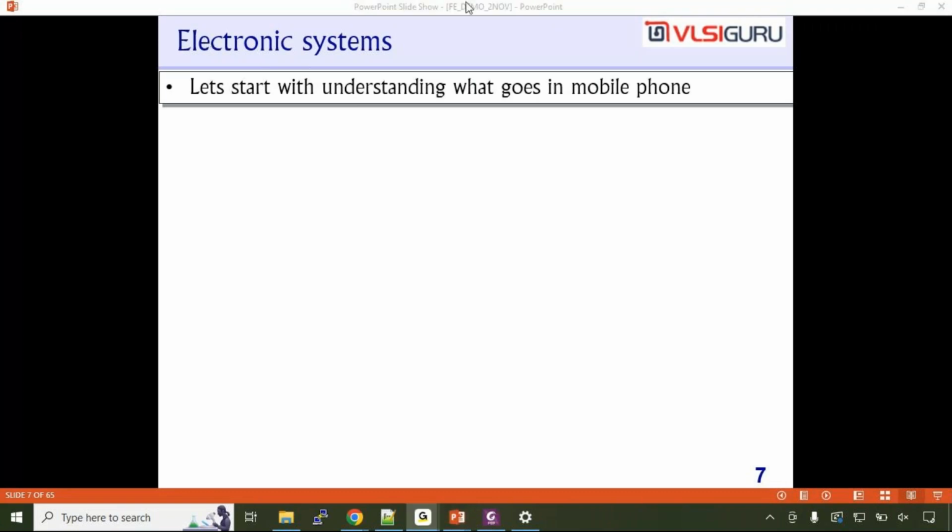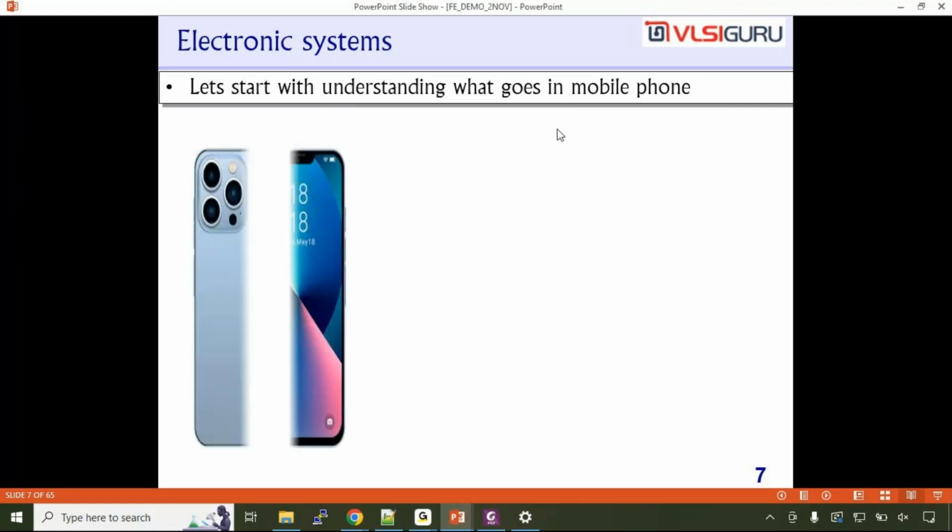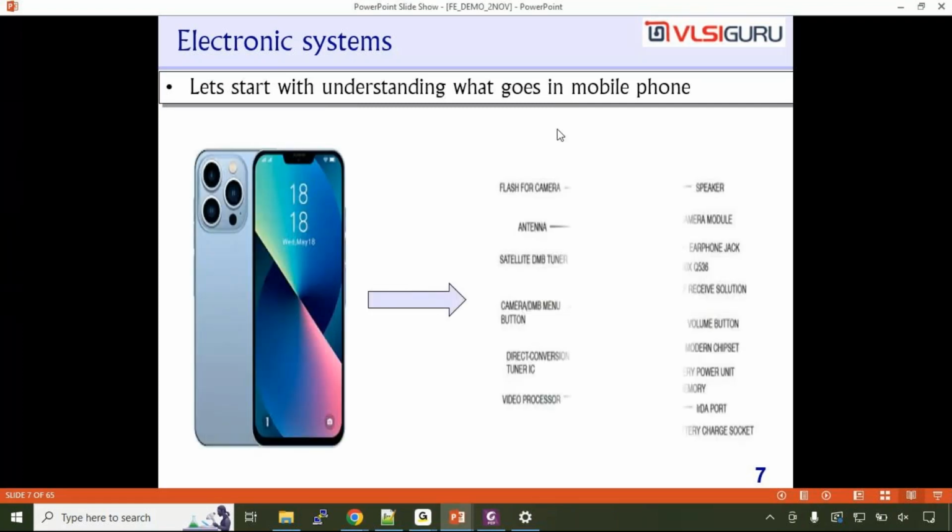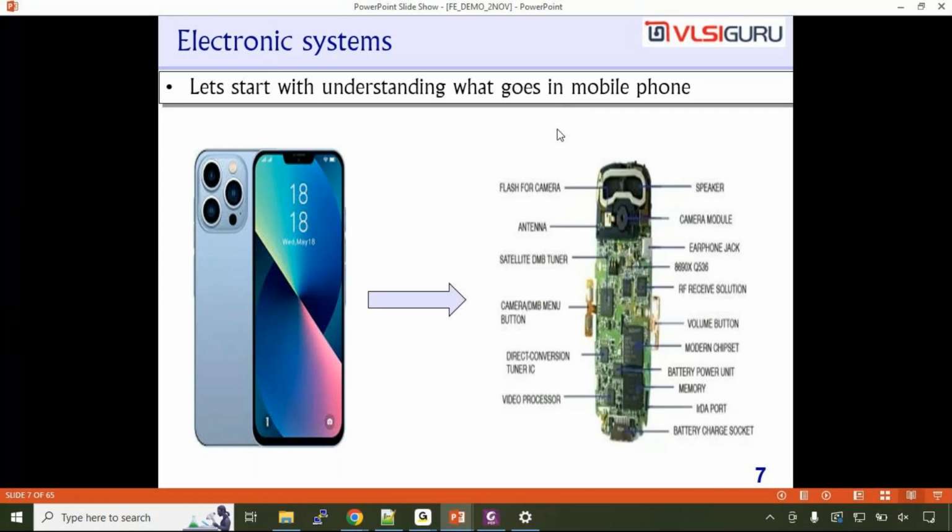To understand an electronic system, let's start with what goes into a mobile phone. If you open the mobile phone, you will see various components, such as the main SoC chip and units like the camera module, display module, and USB port.